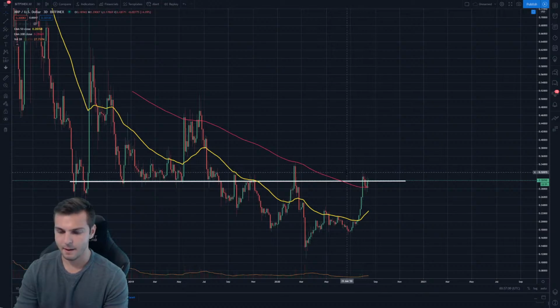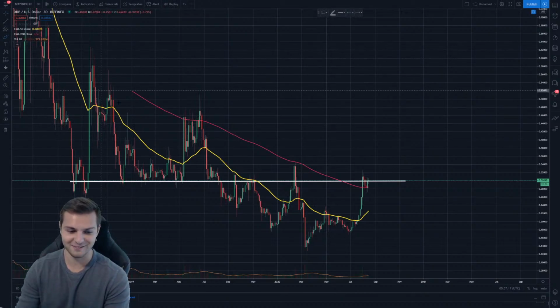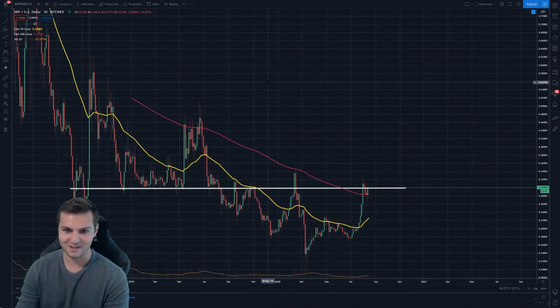You said $10 targets for XRP? I did not say $10, or not anytime recently. Actually, I don't think I've ever said XRP can hit $10 in the foreseeable future. If I did, by all means, hold me accountable.